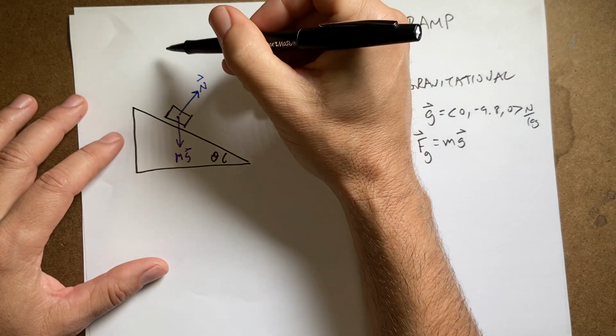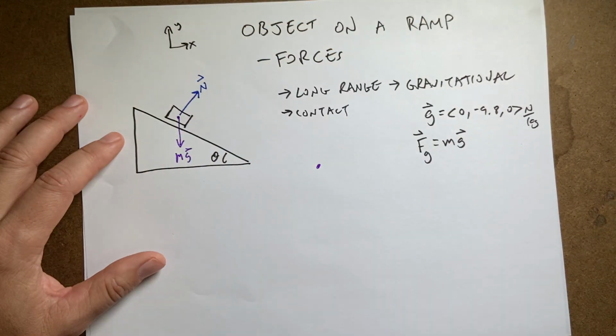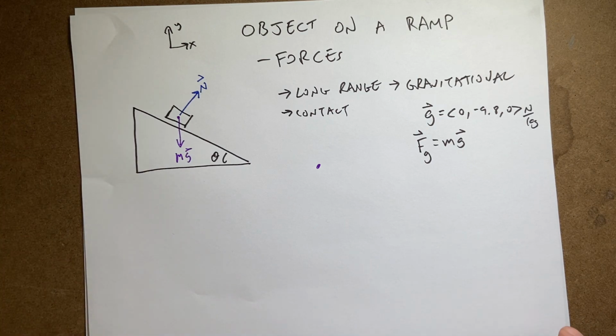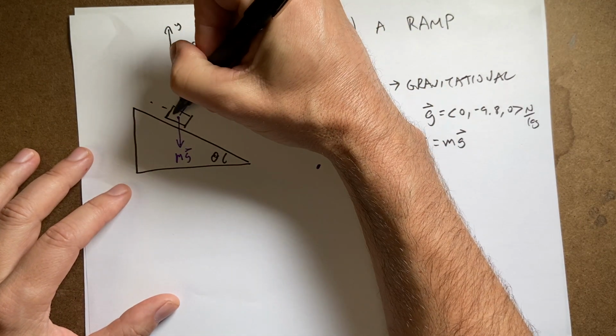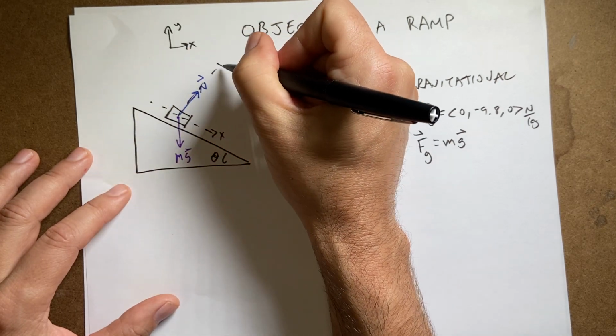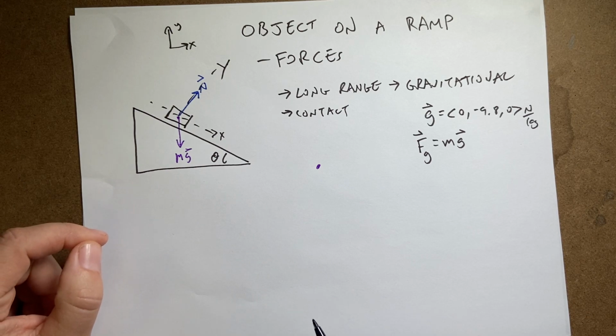If I pick this as my x and y axis, that will work, but the only problem is I would have an acceleration in both the x and the y direction. So one of the things we do is to say, okay, here's my x and here's my y. That way I have an acceleration in the x direction.